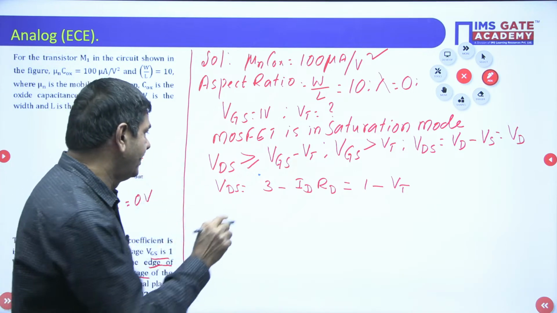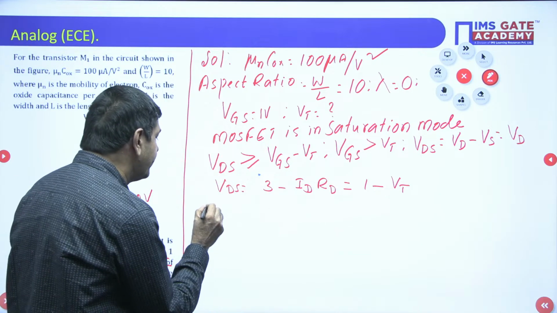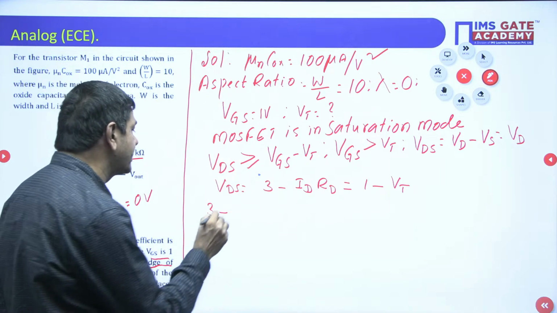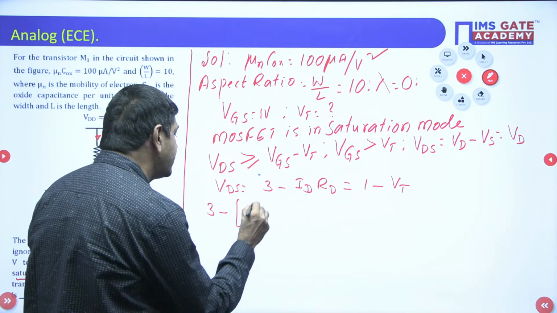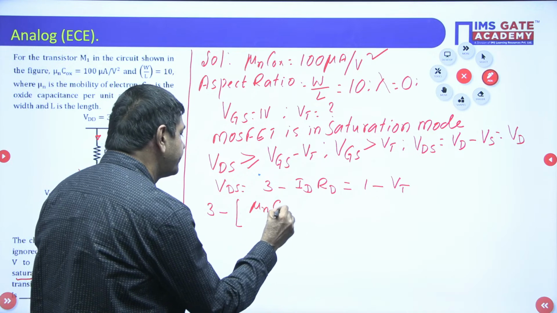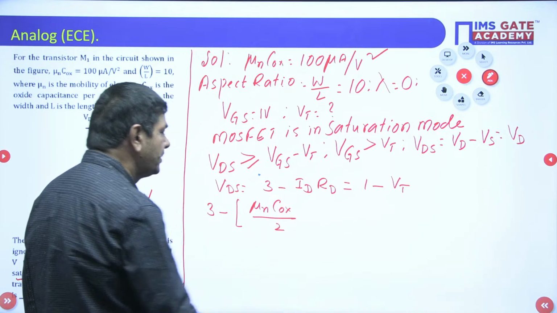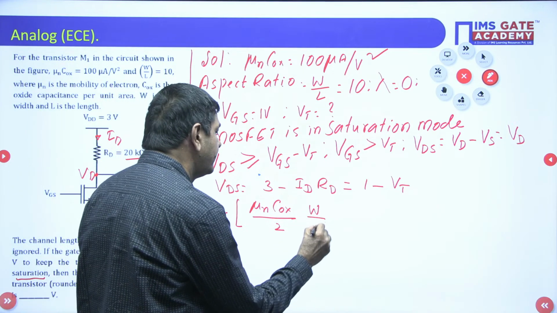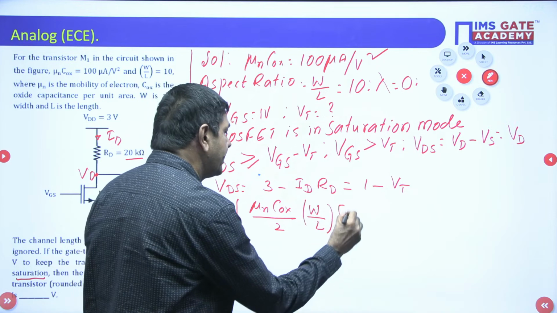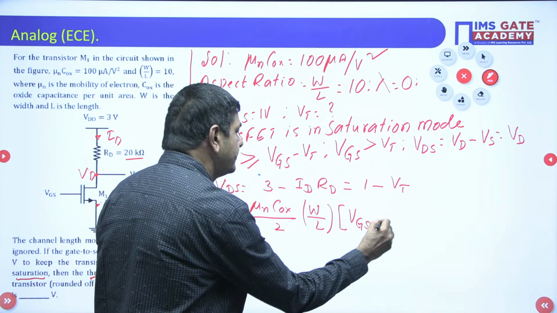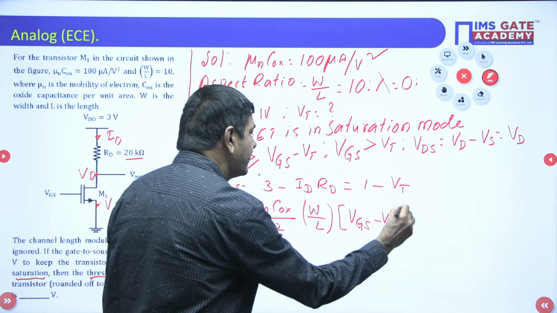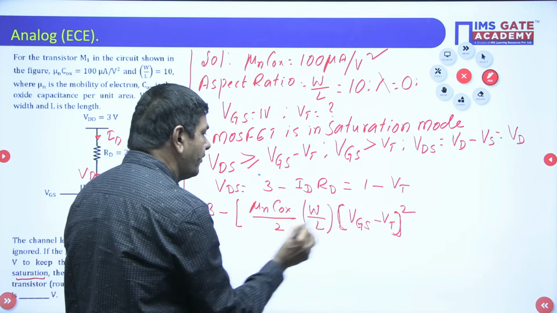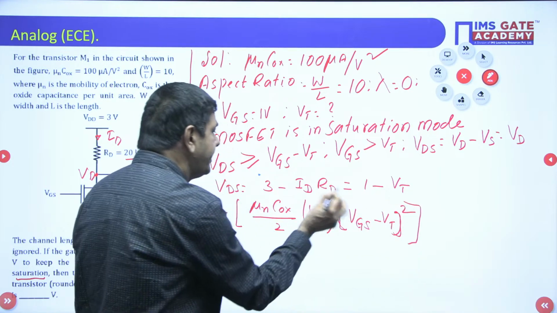So I want to use here 3 minus ID, where ID is mu n COX divided by 2 into W by L into VGS minus VT whole square. This is the drain current formula, multiplied by RD.